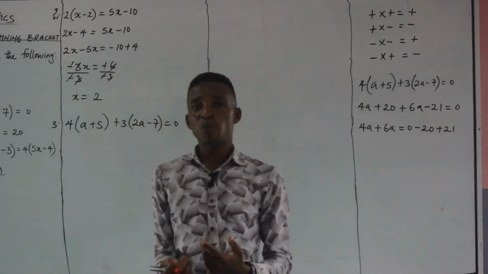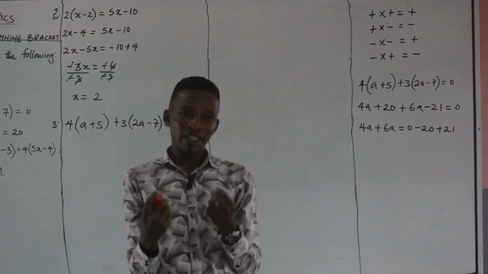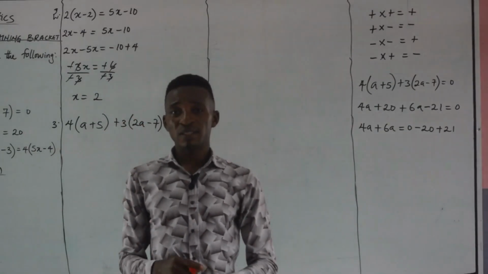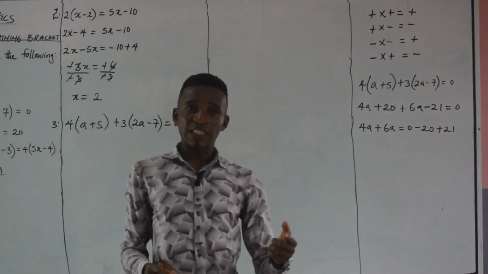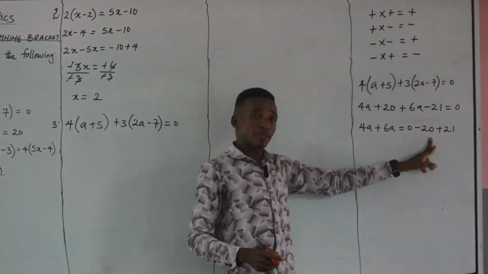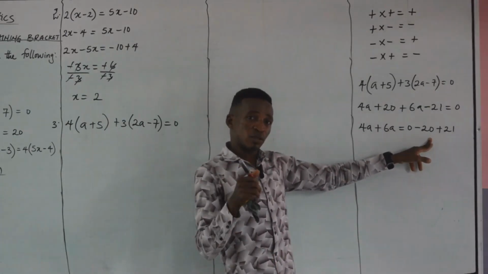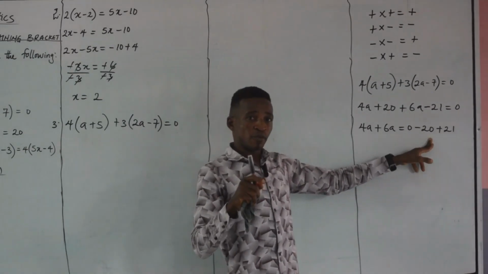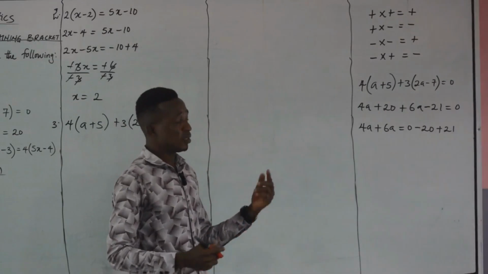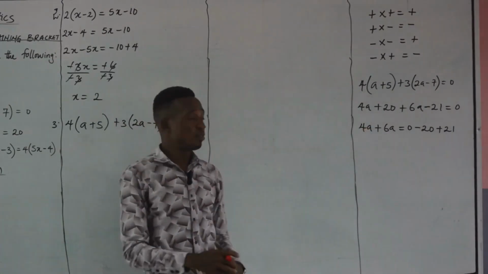It's possible that whenever you are collecting your like terms, you might have made a mistake of omission. Nobody is above mistake. So when you count, it will tell you that initially I was having 5 here. Maybe after collection of like terms, I'm now having 4. Then you know that something is wrong. That means you've omitted something. So this issue of counting, you need it when you start dealing with long values.